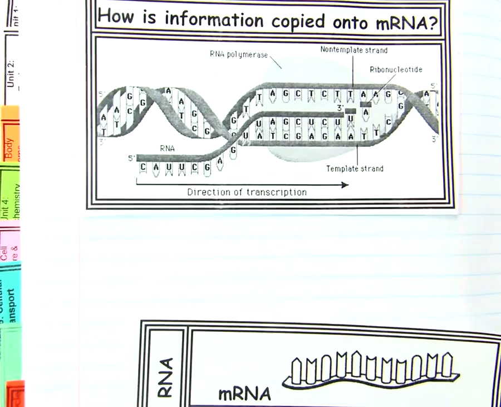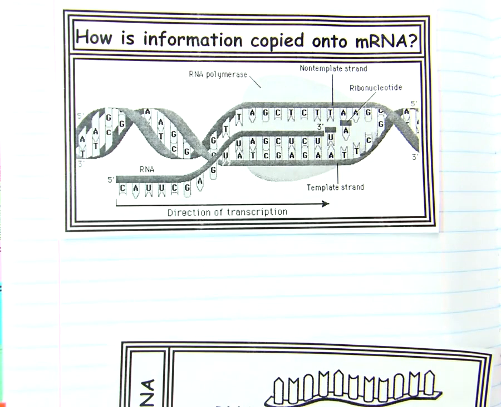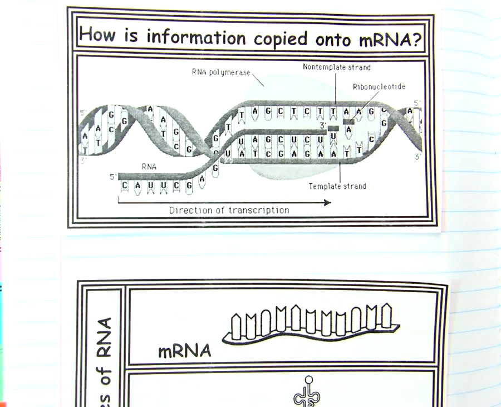Next, we want to talk about how information is copied and our 3 types of RNA.